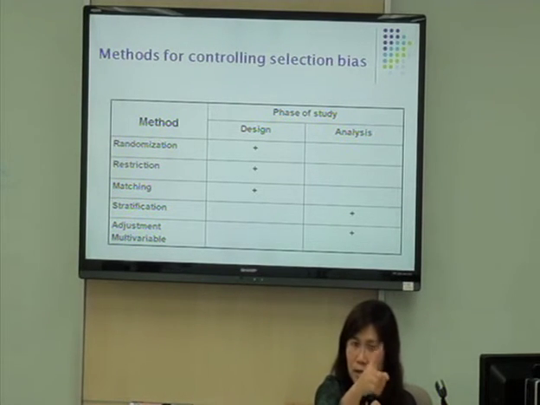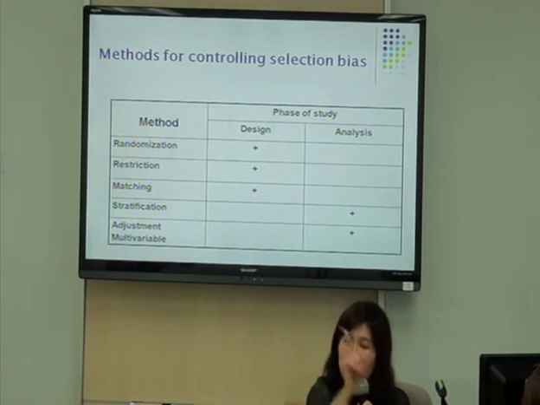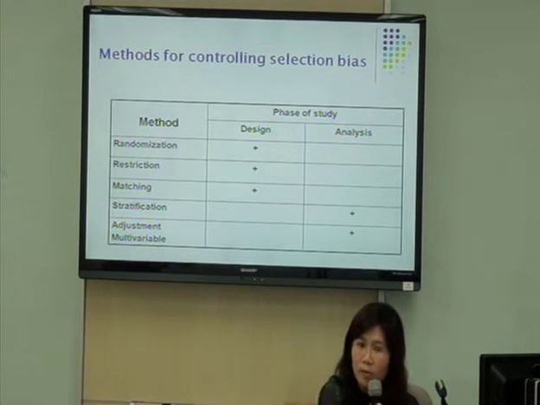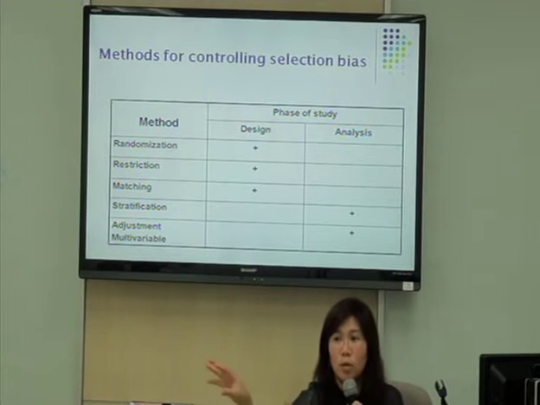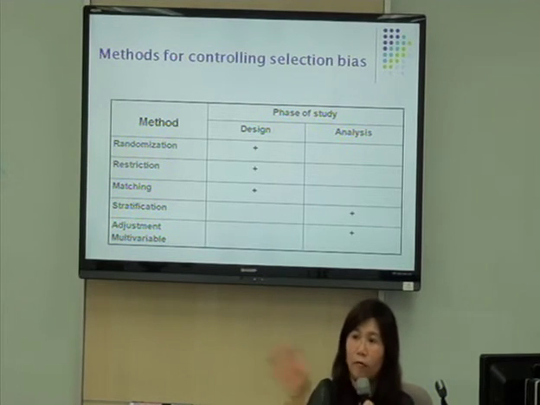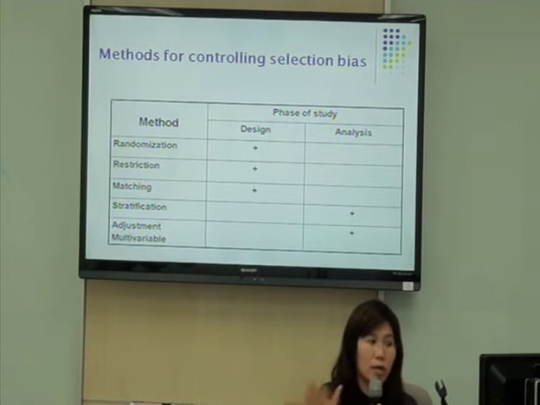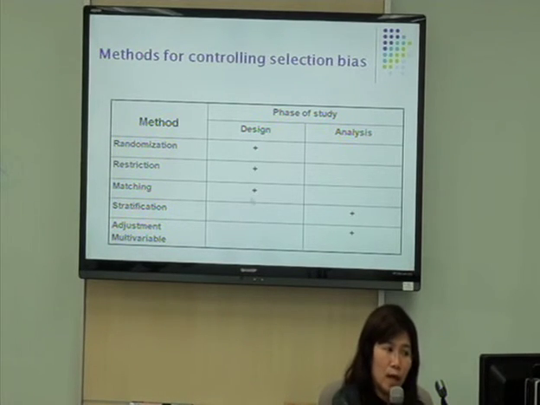If your case who smokes is male, you choose a non-smoking male also. If your next exposed case is female, you match with a female non-smoker. This is called matching of the exposed and non-exposed groups to reduce susceptibility bias. It's also a design tool.